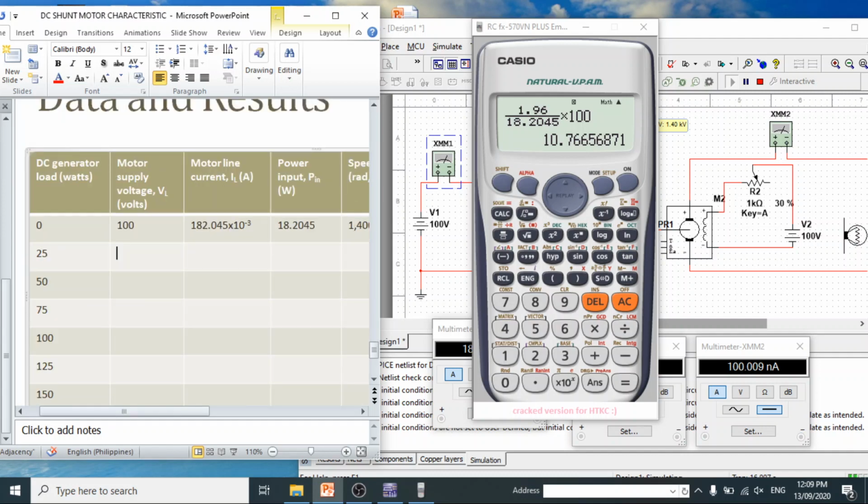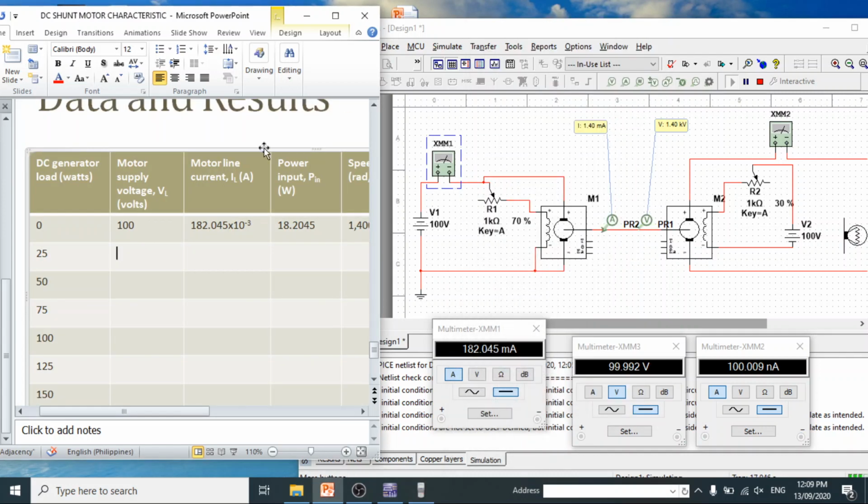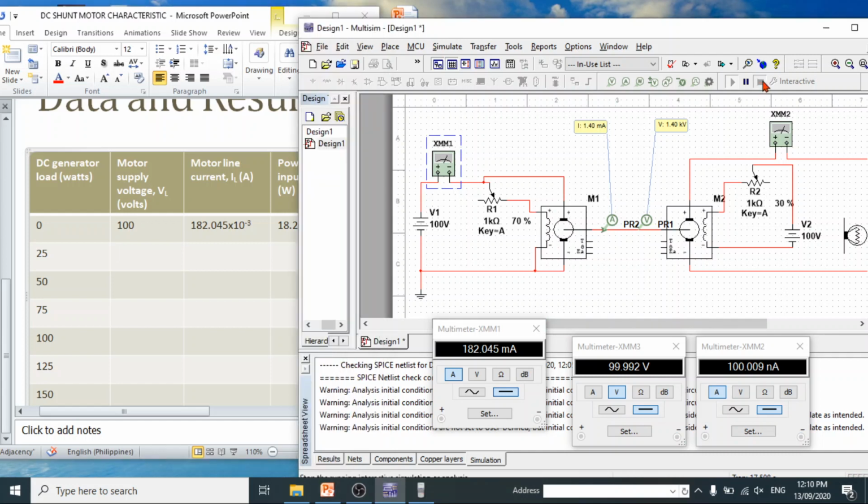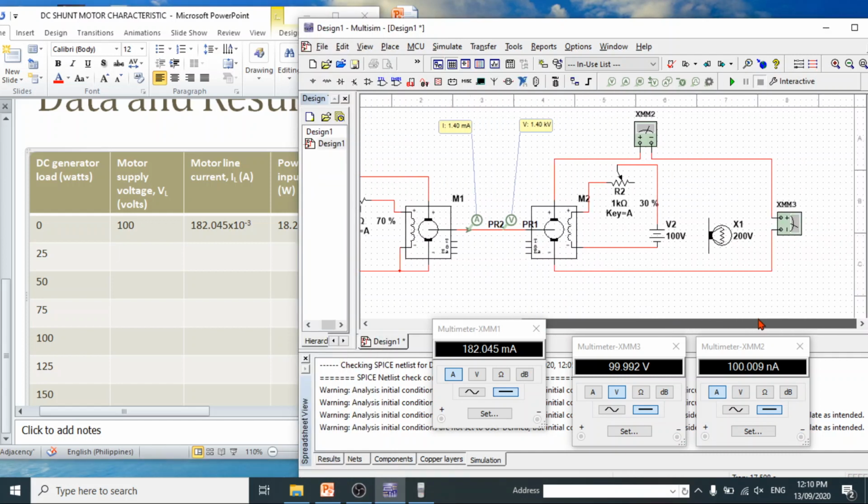Now we'll try to look at what happens if we add an electrical load to the generator. First we need to connect the load.